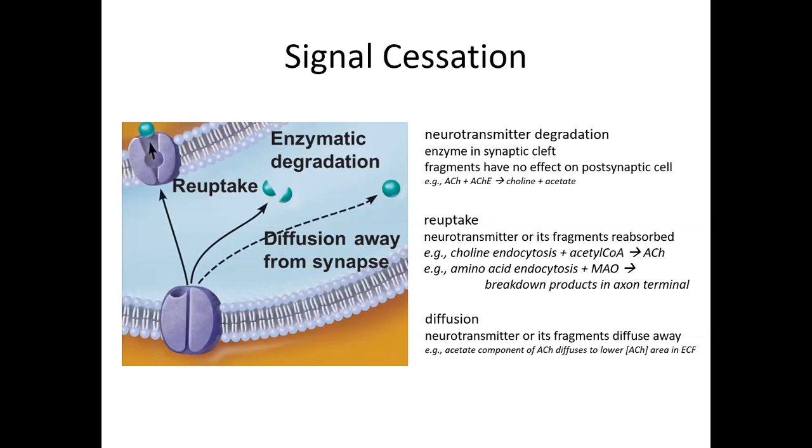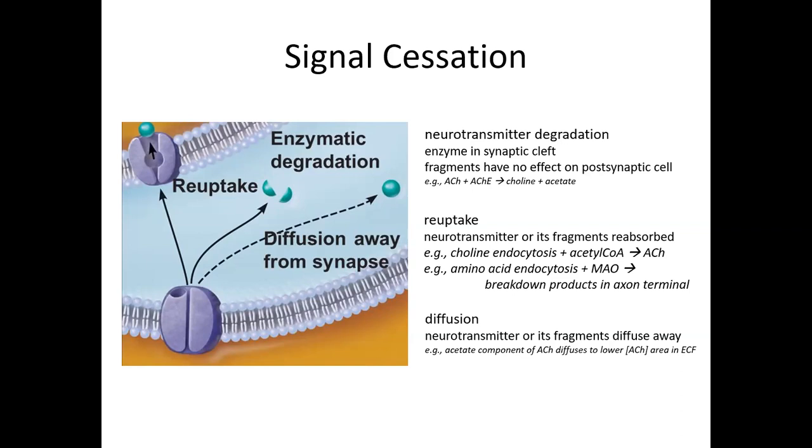As far as other neurotransmitters, the actual amino acid itself can undergo endocytosis whole, and then there would be a different enzyme in that presynaptic terminal bouton. A classic example is monoamine oxidase, and it would break down the neurotransmitter in the presynaptic cell itself, so it could not be reused.